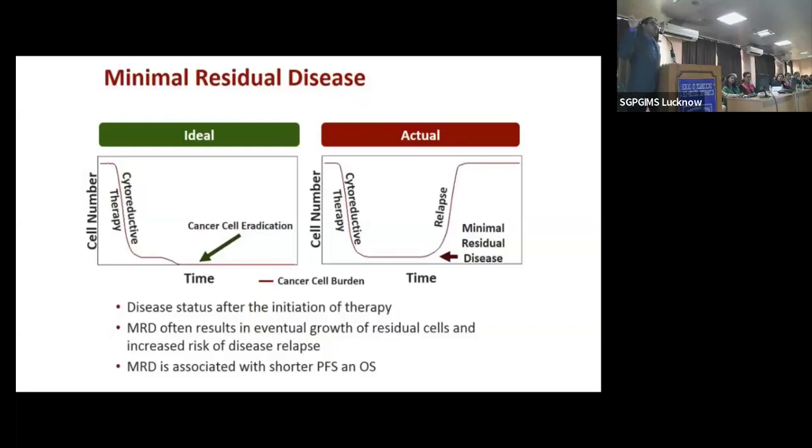So this is the main crux of why we are doing MRD. We are wanting to target this area when as a clinician we are satisfied that the patient is doing well, the counts are good, there's complete hematological recovery, but still if there is disease at this point, then probably we need to intensify the treatment if he's persistently MRD positive.